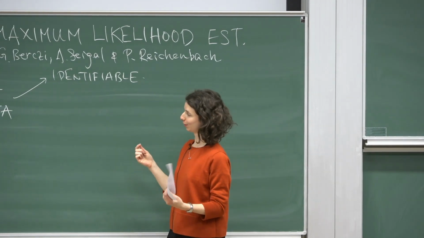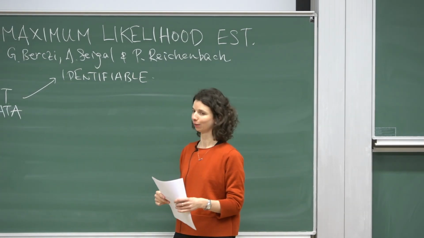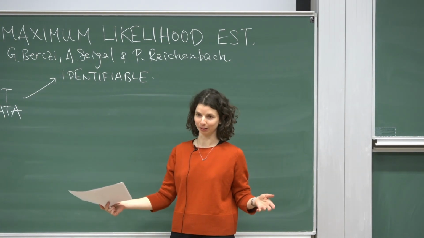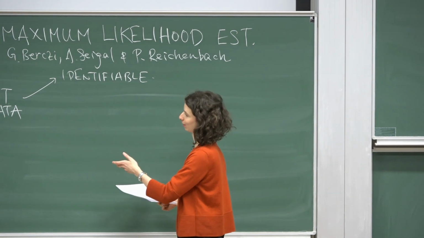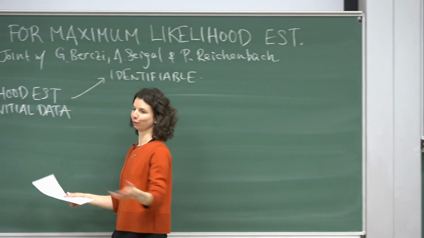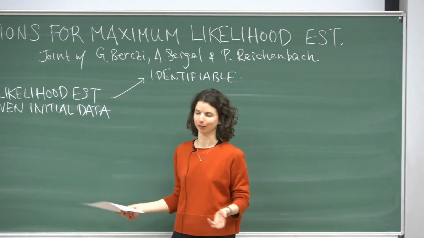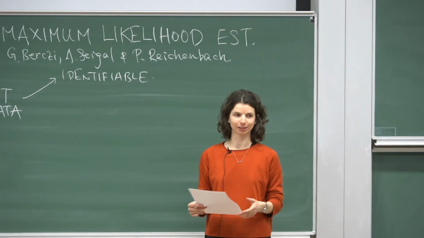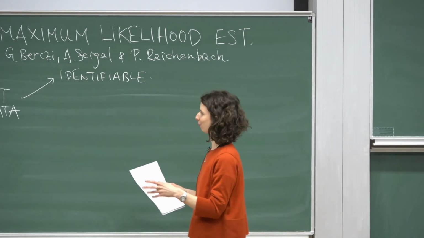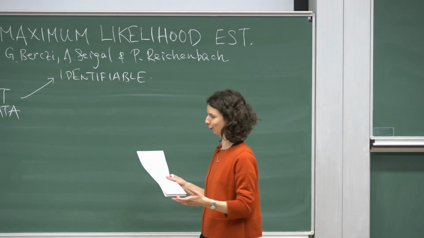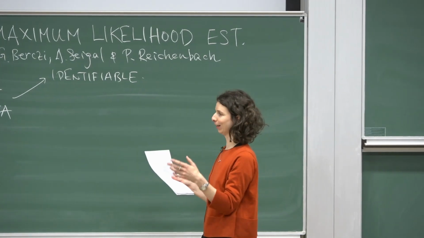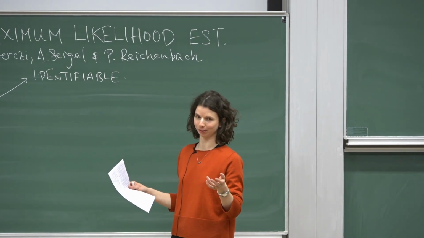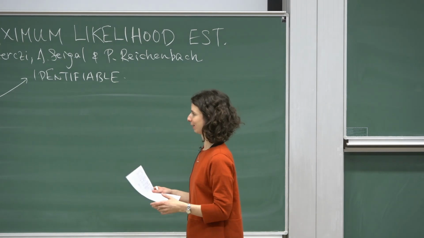If it doesn't exist and is unique, then different things can happen. Either it could exist, but there could be infinitely many, and that's problematic because you now have loads of different possible parameters that you could pick, and you don't know which ones you should take. Or it could even not exist, and in Carlos's talk, he introduced the likelihood function, and there are two ways in which it could not exist. Either the log likelihood function is unbounded, or it is bounded, but the limit doesn't exist.